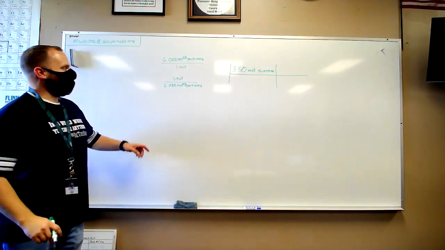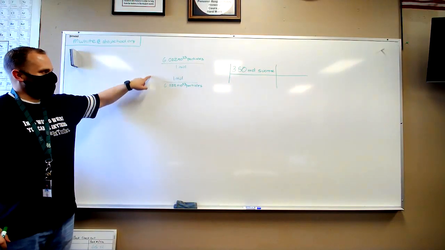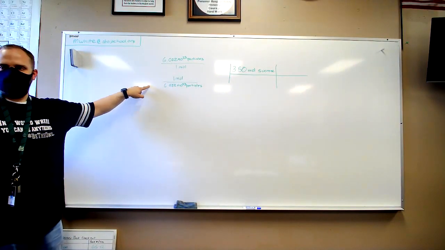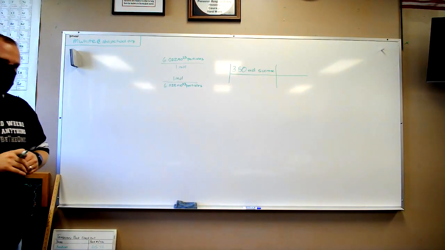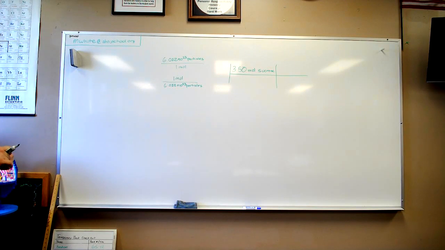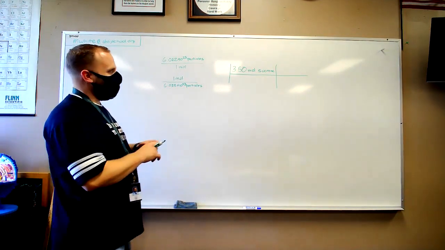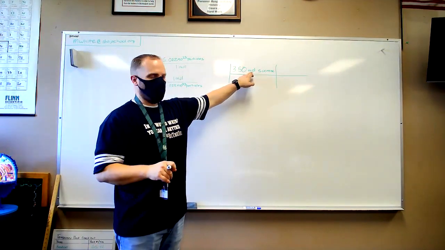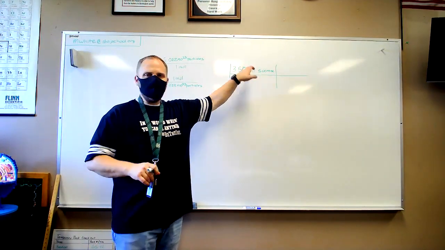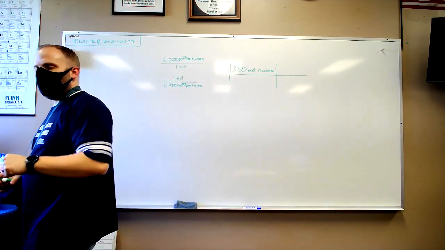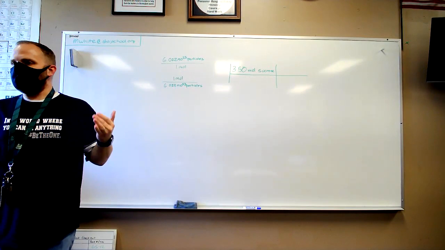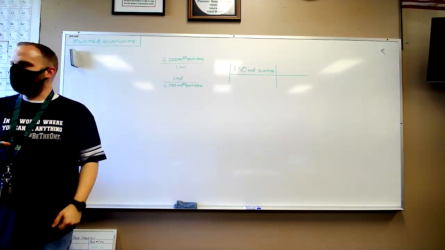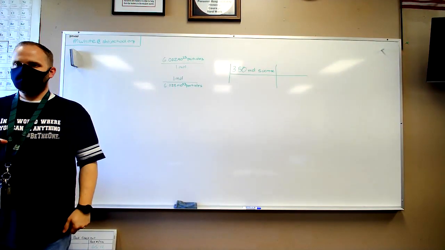Now, I need to use one of these. You can just memorize which one is which, but I find it easier to say, okay, I have moles right here on the top. I don't want moles in my final answer. I need to somehow get rid of that unit. How do you get rid of a unit? You divide by the same unit, right?